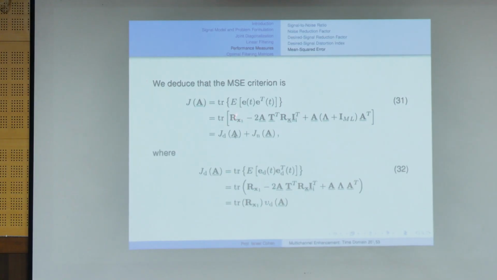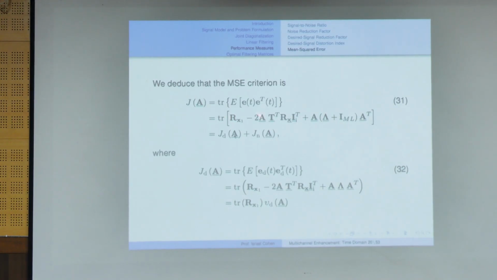How do we find the Wiener filtering matrix? What do we have? We have here a mathematical expression. When you want to find the optimum of a function, you need to write the function that you want to minimize or maximize explicitly as a function of the variable.